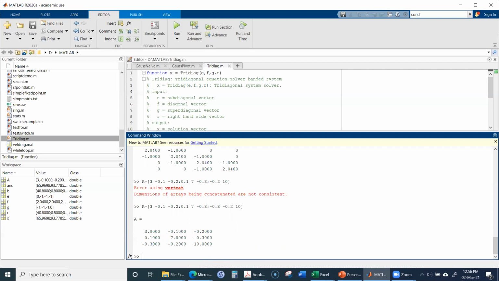I want to LU decompose this matrix, and for this there is the LU command.